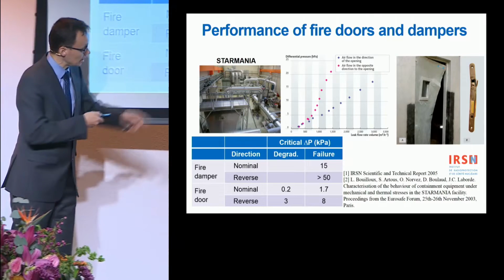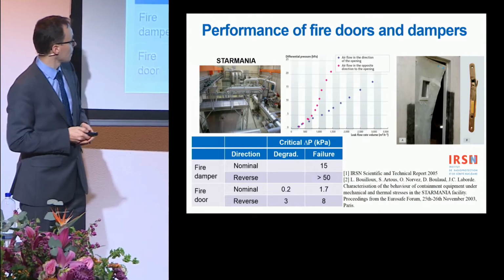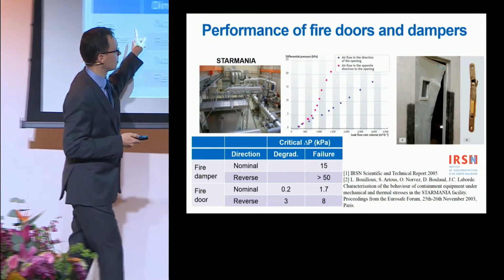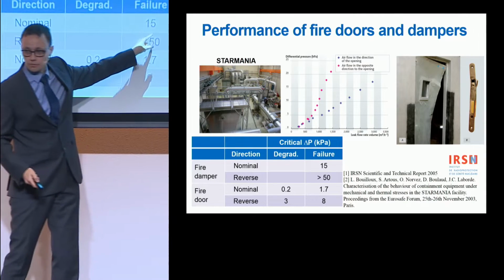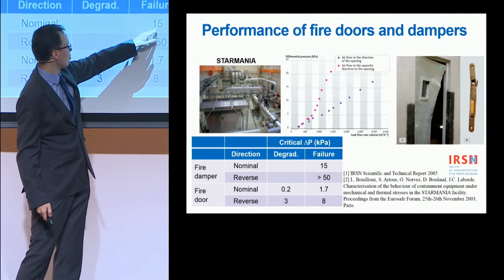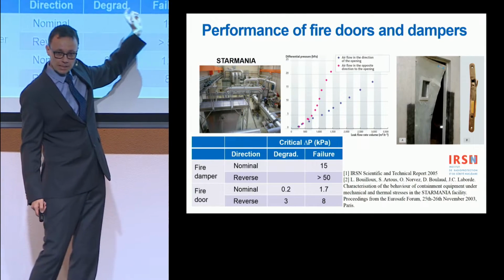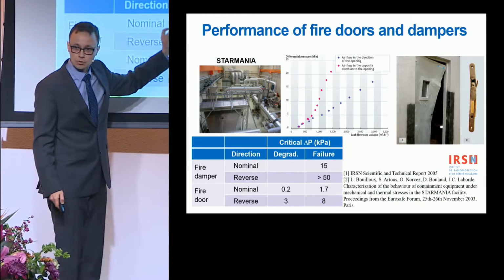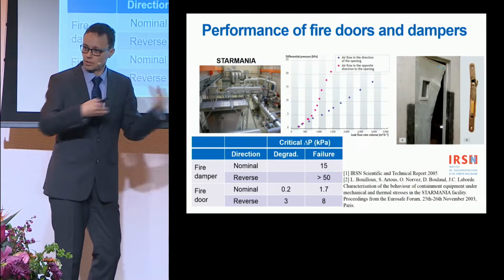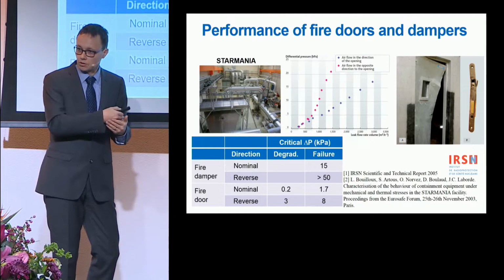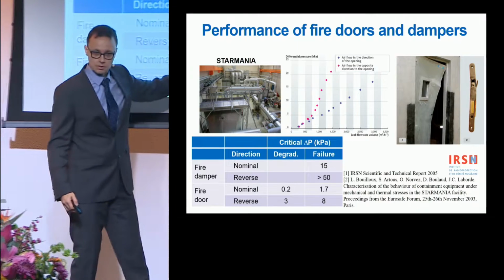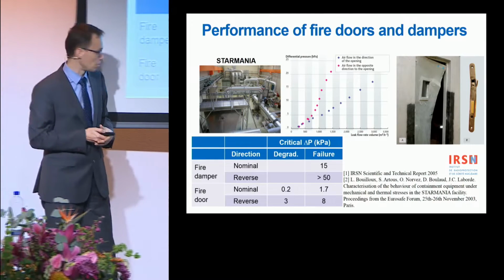They have some publications which tell that fire dampers have been observed to fail due to pressure difference when the pressure differences are on the order of 15 kilopascals, 15,000 pascals, if the pressure difference is in the nominal direction of the flow, or more than 50 kilopascals if it's against the normal flow.